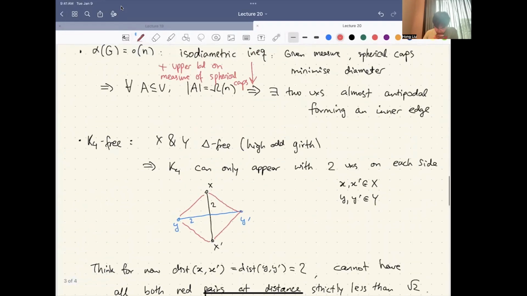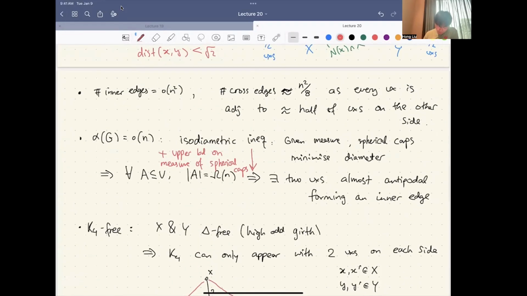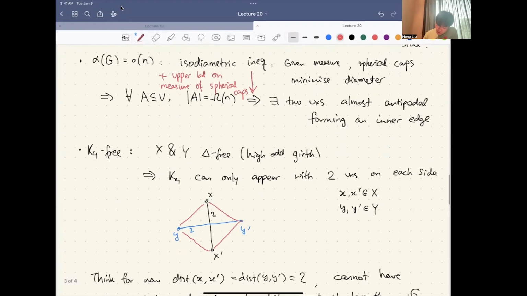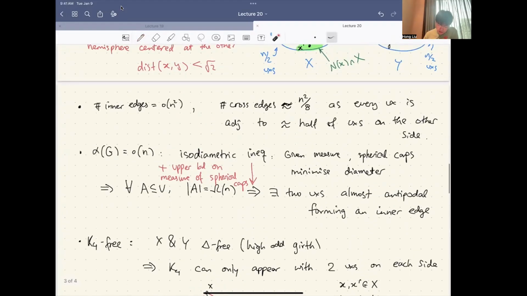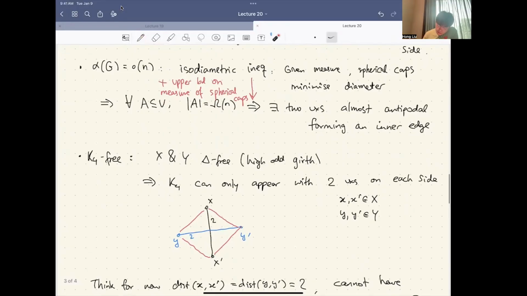So let's just prove that there's no K4. So we need to do 2 things. No K4 means, first of all, each part is triangle free. So K4 can only appear with 2 vertices on each side. And we proved that you cannot have these. Here it's easy because we have exactly distance 2. But now we have a little bit of room, right?